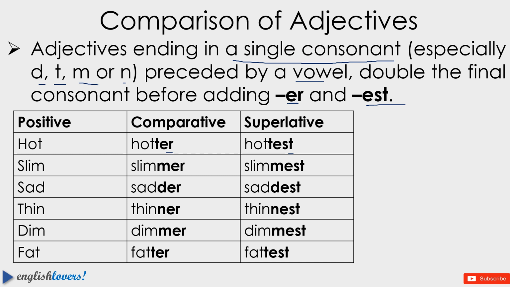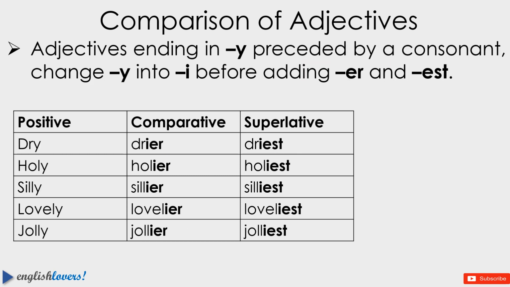So you can see hot, hotter, hottest; slim, slimmer, slimmest; sad, sadder, saddest; thin, thinner, thinnest; dim, dimmer, dimmest; fat, fatter, fattest.